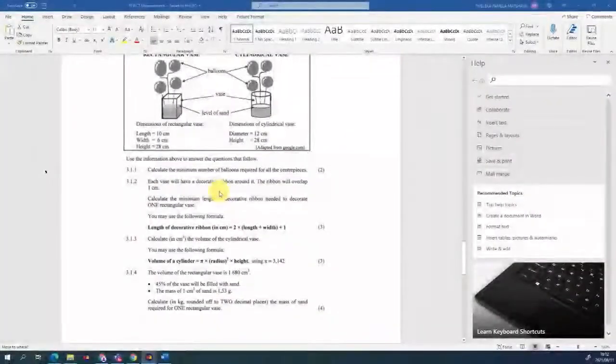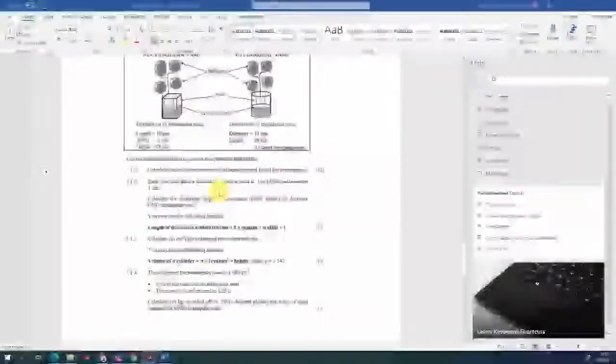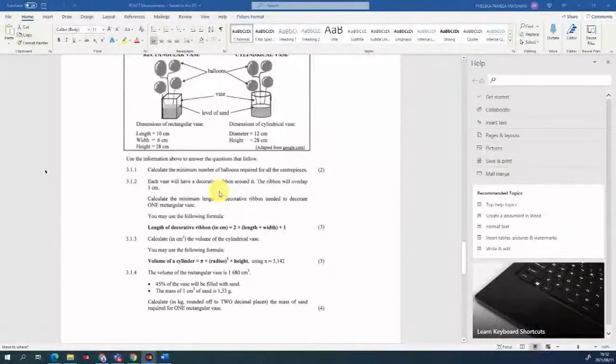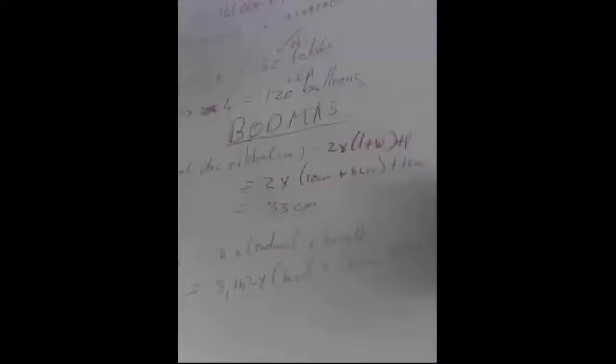Just by doing that, learners, that's already 1 mark for substituting into the formula. You get your 1 mark. There you have it. And now, the only thing that's left, you must multiply it out.